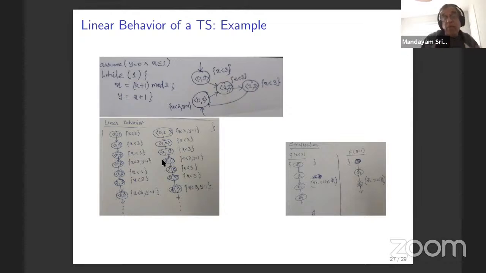What we care for is how these basic atomic predicates, which say certain facts that are true in a state, evolve over time. That is what I'm tracking.